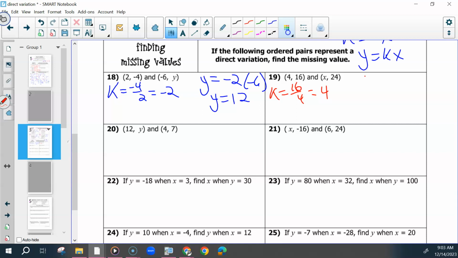We have y, which is 24. Our k, which is 4. We don't know x. So then to solve for x, divide both sides by 4. So that x is 6. So if I were to check it, 24/6 does give me 4, so the k value is the same.